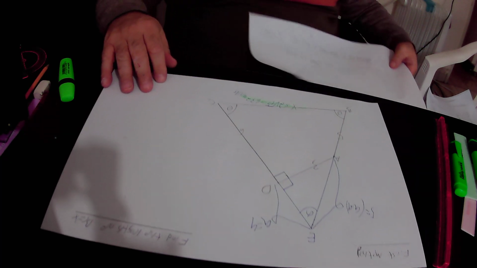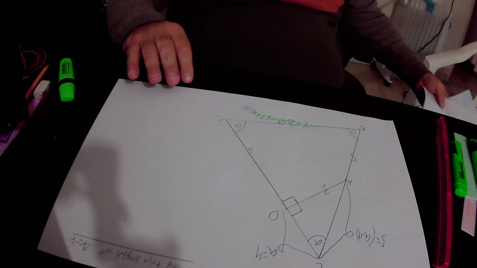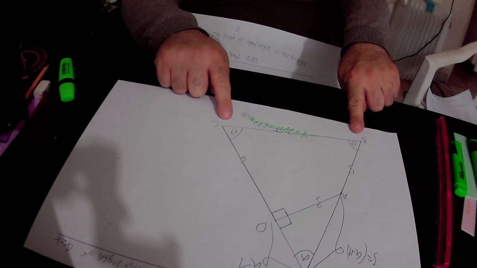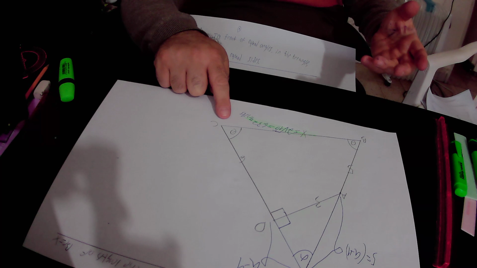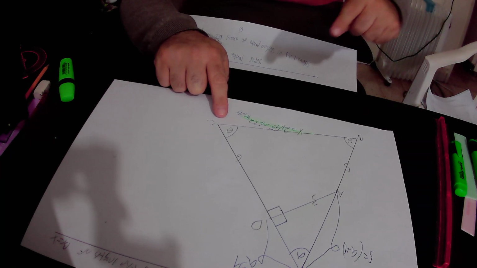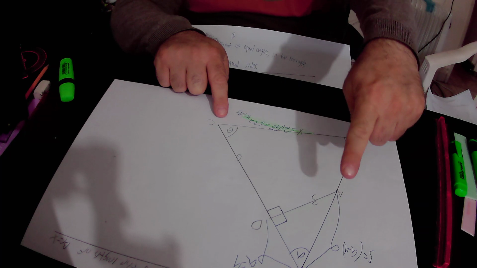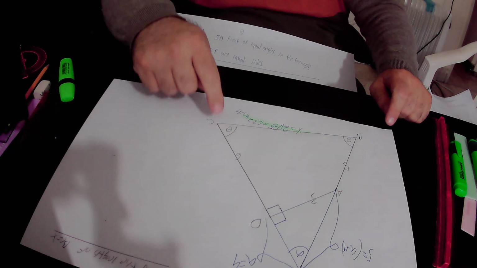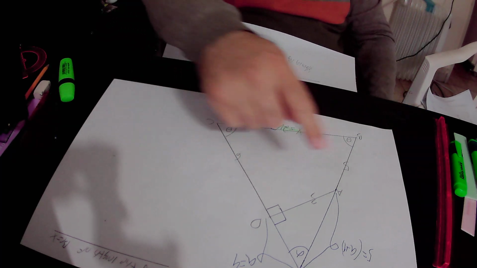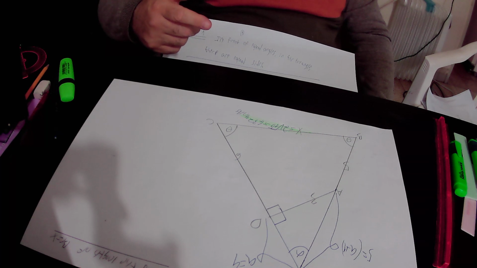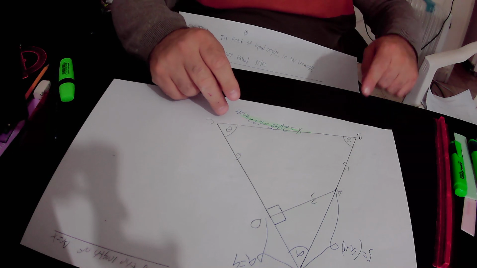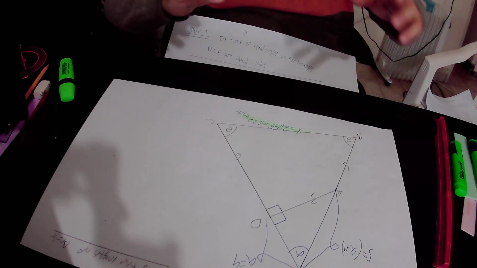That is to say, in triangle BEC, we have two equal angles, they are both equal to theta, and according to rule number 1, in front of equal angles in the triangle, there are equal sides. So in front of this angle theta, we have side EB. In front of this angle theta, we have side EC. And according to rule number 1, EB must be equal to EC, because those two sides, EB and EC, are located in front of those two equal angles. They also must be equal to each other.